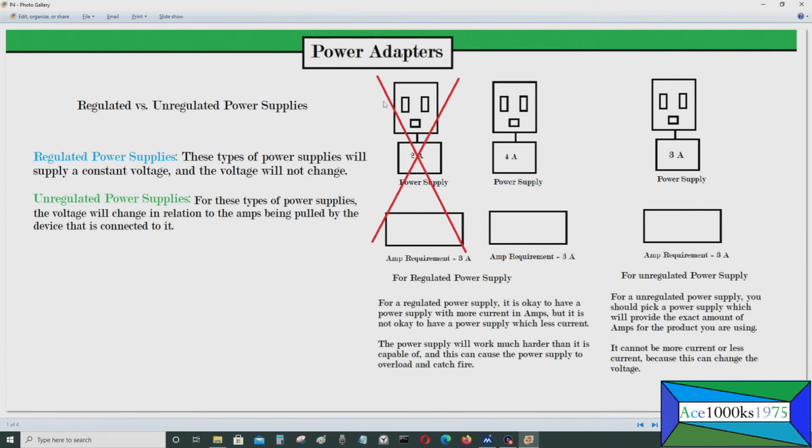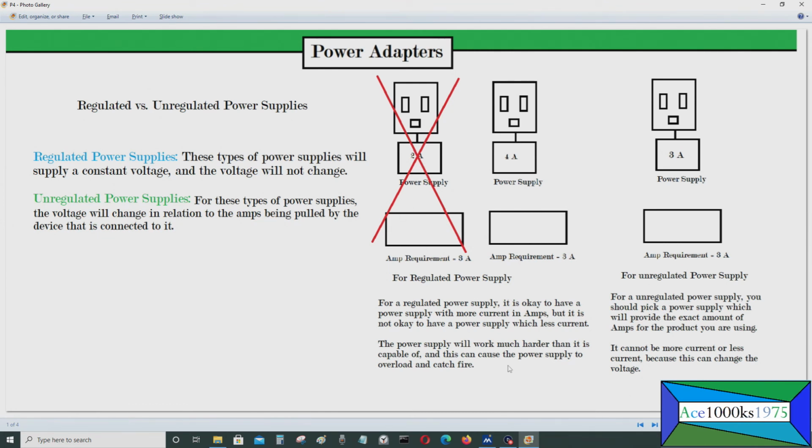The power supply could catch fire if it's overloaded. If it's working harder than it has to, this is bad. It's going to heat up, and it could catch fire, and that's not what you want. So if this was a 1 amp power supply and 3 amps were required, that's bad, because this power supply would be working 3 times harder, and that would overload it, and it would catch fire, like I said.